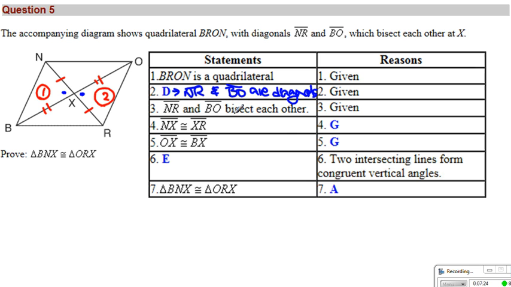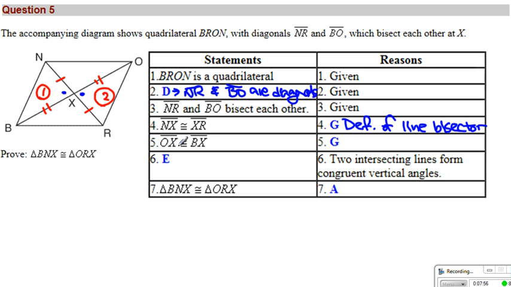Alright, now they bisect each other, so therefore, in this case, we can say definition of line bisector, or we can actually write them down saying that a bisector divides a line segment into two equal parts. So we could actually write that down if you want to.